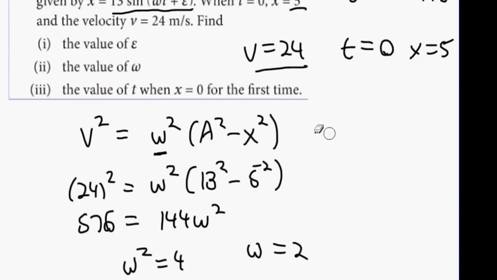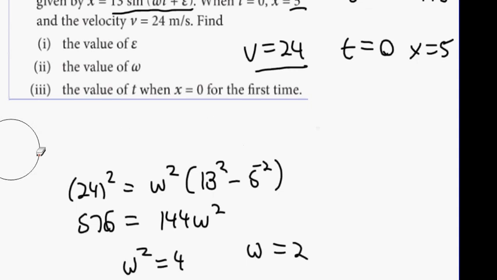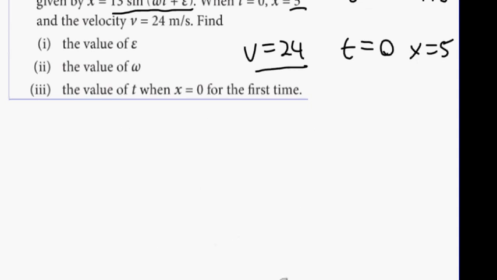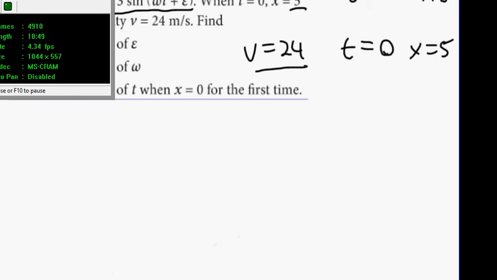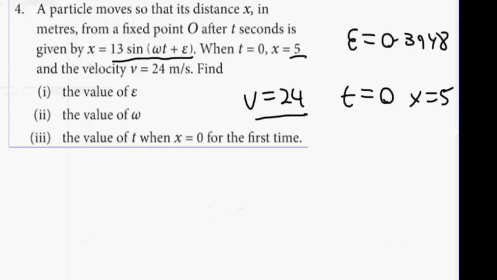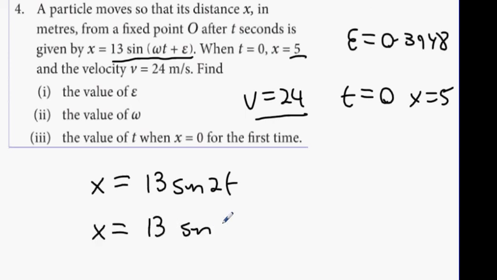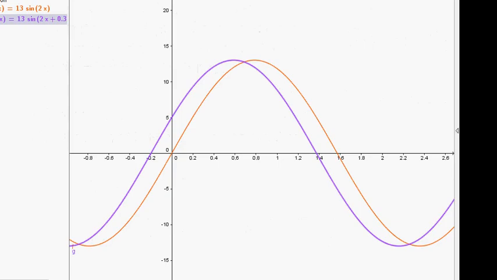What I've done here, guys, is compared two graphs to each other: x equals 13 sine 2t and x equals 13 sine(2t + e), where the e value was 0.3948. On the graph here, you can see the regular one, which is the red one, that's sine 2t.